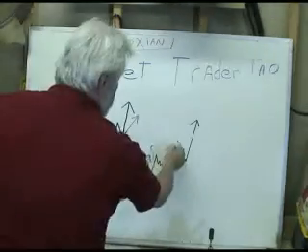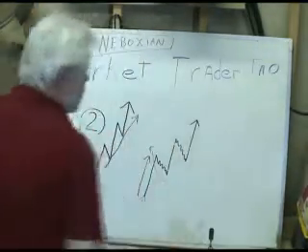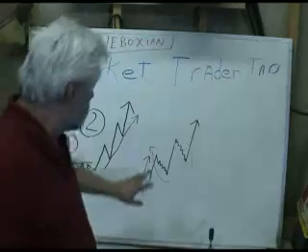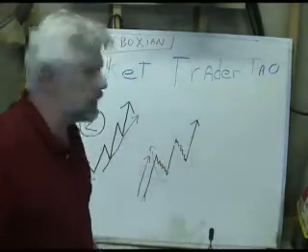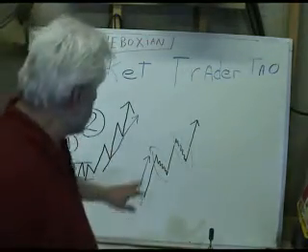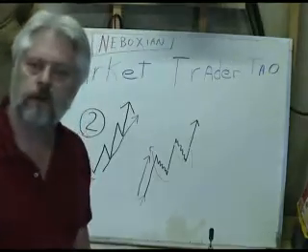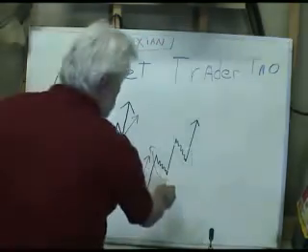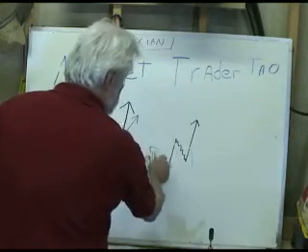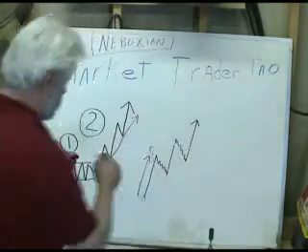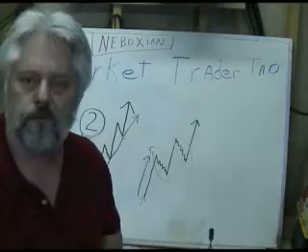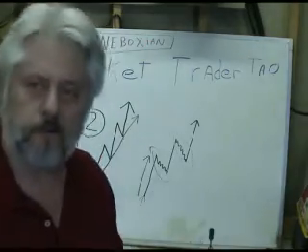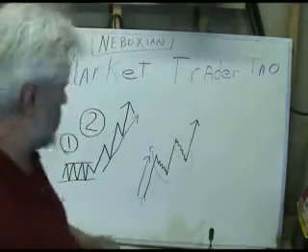Typically on an uptrend, you're going to have three impulse waves, and you're going to have two corrective cycles. And in these corrective cycles is where you're going to see your triangles develop.